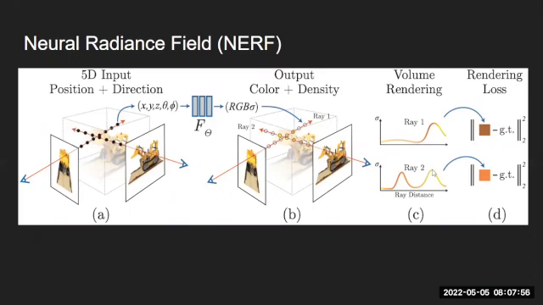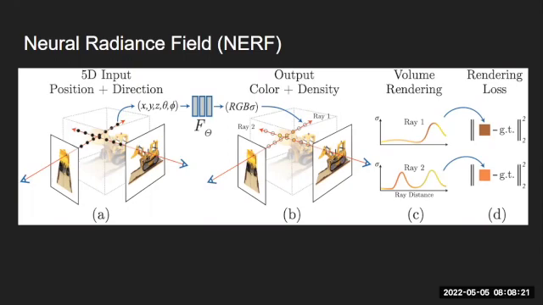Volume density basically tells you if something exists at a given location. So let's say you have a 3D image, and at any particular location, you want to know what we have there. It's only a function of location, because what we have somewhere does not depend on the direction.